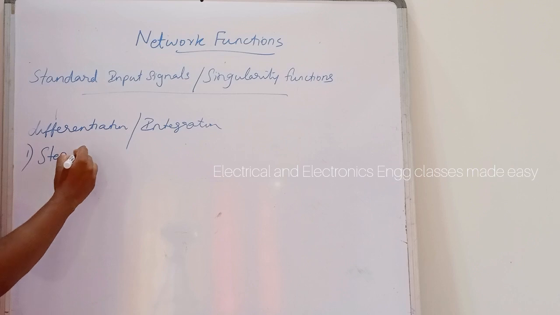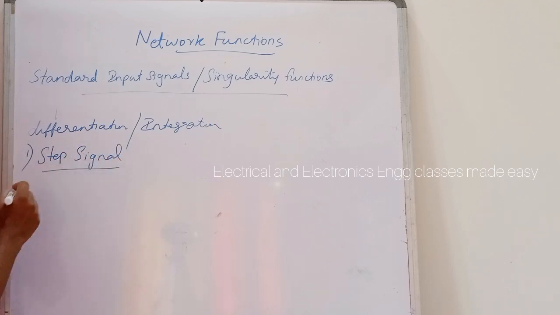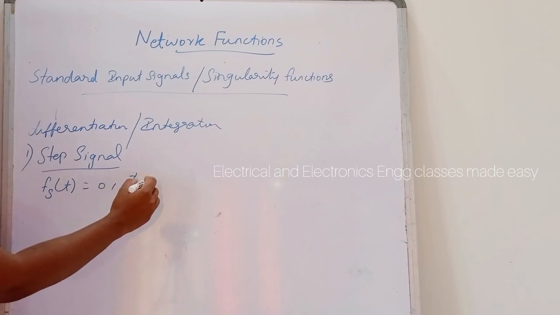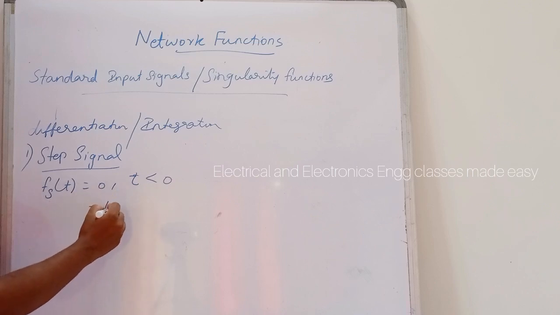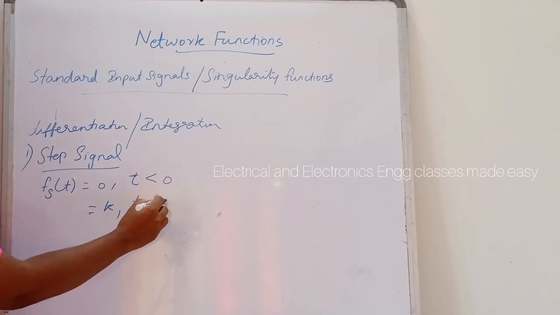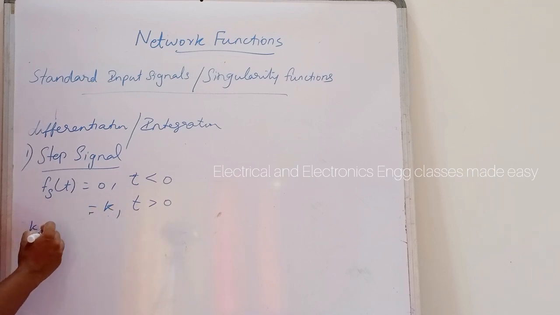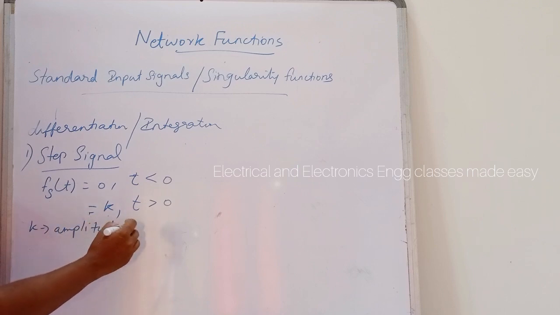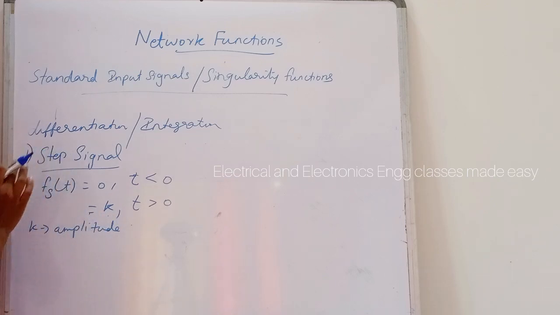So first one is step signal, and step signal is defined as fs of t is equal to 0 for t less than 0 and is equal to k for t greater than 0, where k is the amplitude of the step signal.